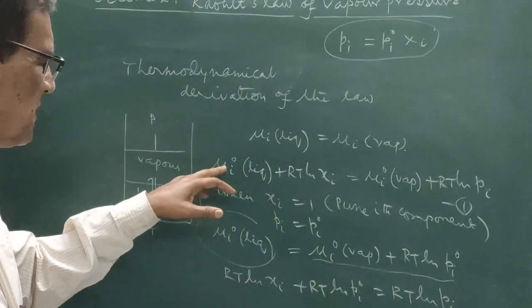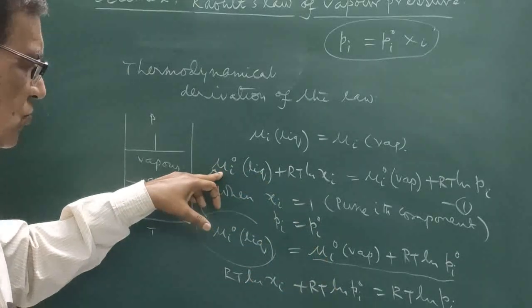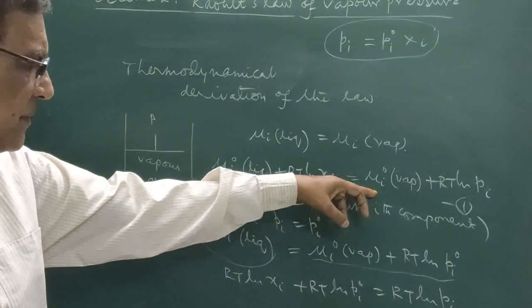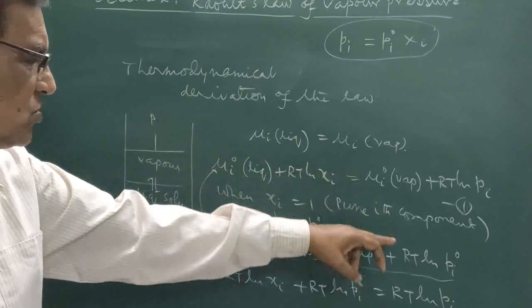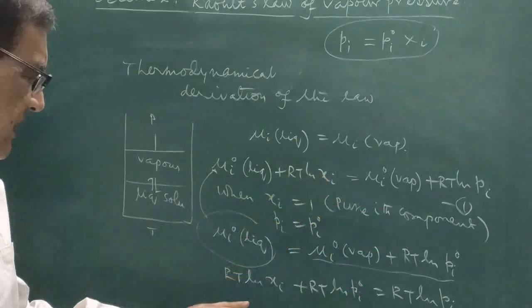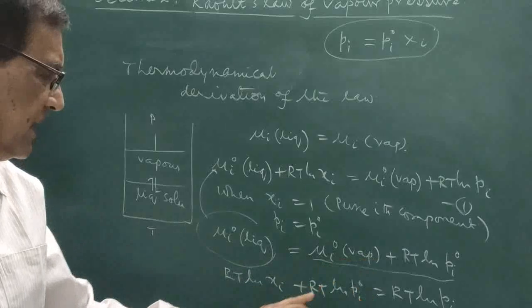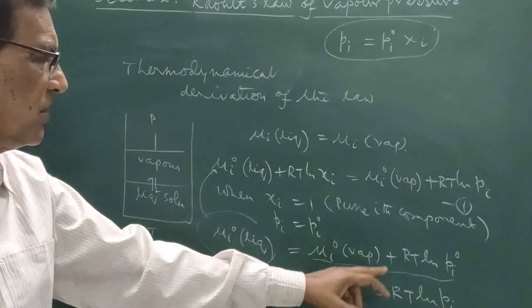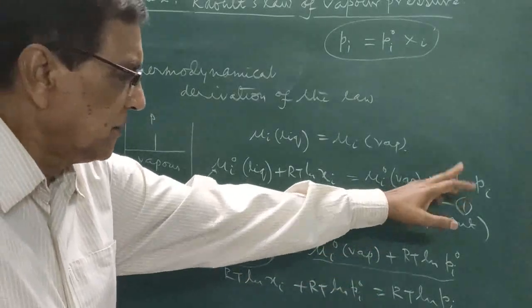This one is substituted here, so mu i naught vapor will be cancelled. So RT ln xi plus RT ln Pi naught equals RT ln Pi.